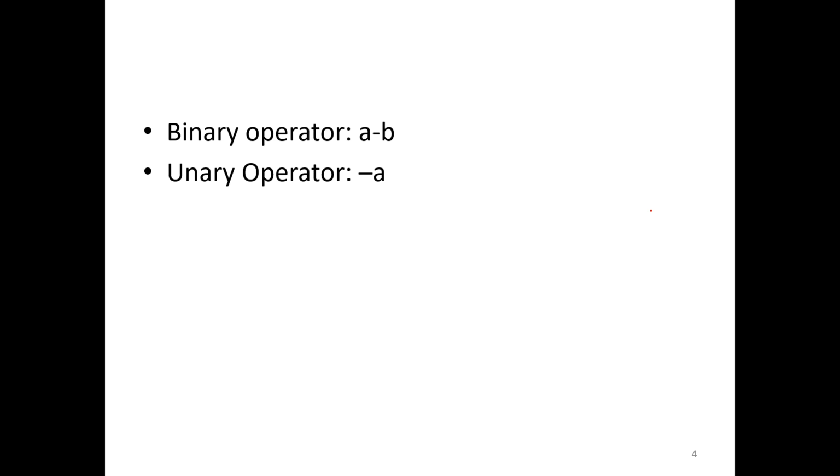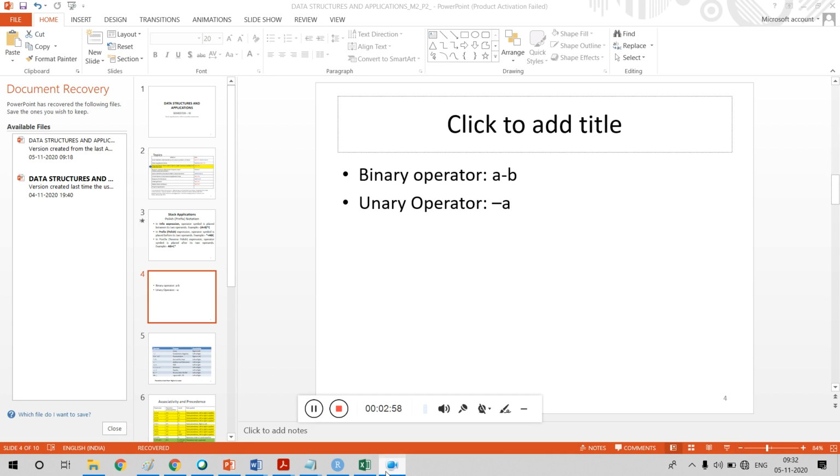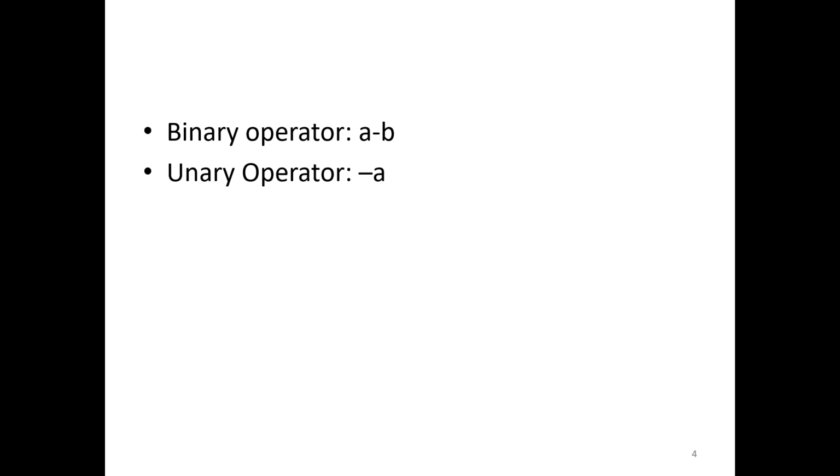Minus is used for binary operations. In the second case, it takes only one operand, to change the sign of an operand, so it is a unary operator.